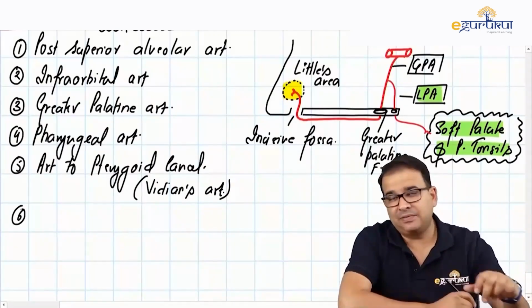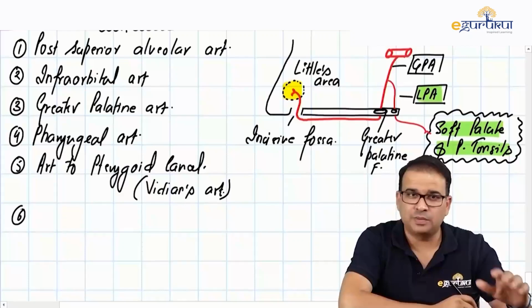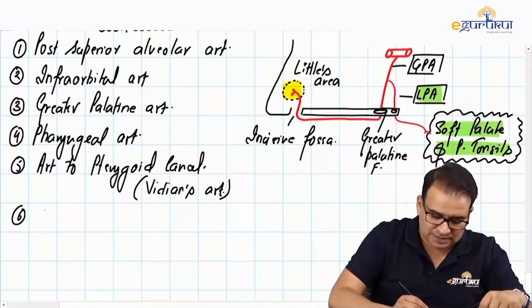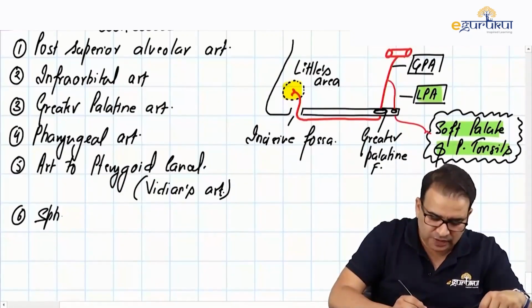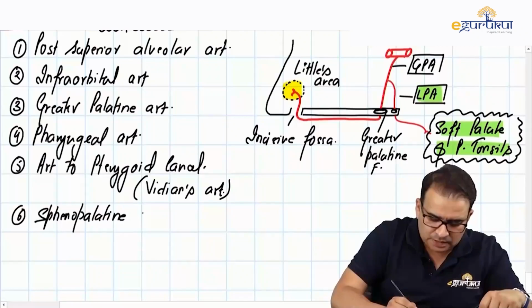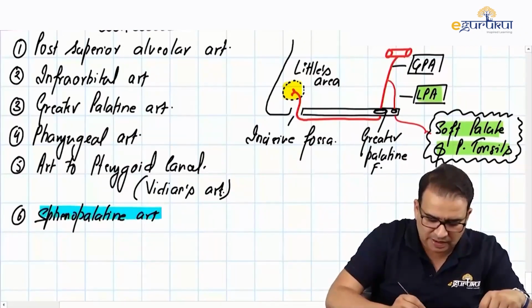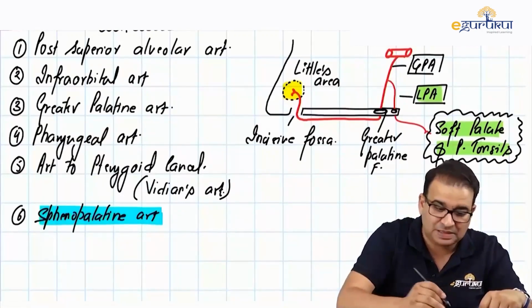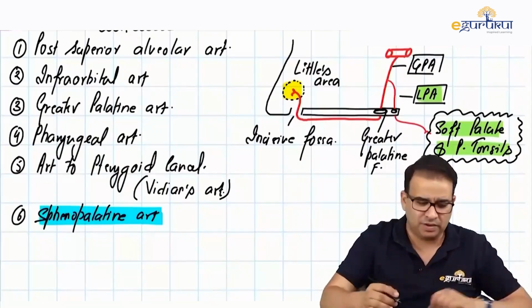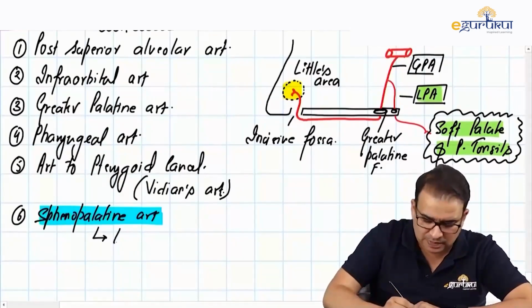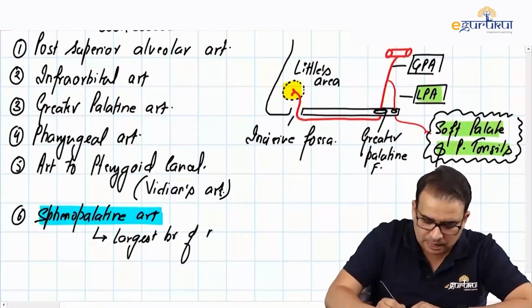And lastly, and definitely one of the most important branches from the maxillary artery is this S. S is for sphenopalatine artery. It is to be noted that sphenopalatine artery is the largest branch of maxillary artery. Be it first part, second part, whatever, it is the largest branch of maxillary artery.